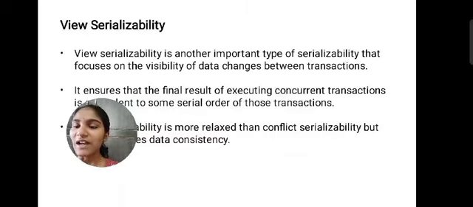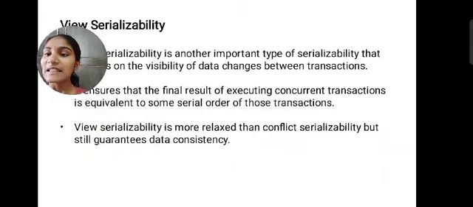It ensures that the final result of executing concurrent transactions is equivalent to some serial order of those transactions. So initially we have parallel transactions occurring in the database. There will be conflicts like read-write and write-write conflicts that occur. To address those conflicts, we use conflict serializability. But if that also doesn't work, then we come to view serializability.